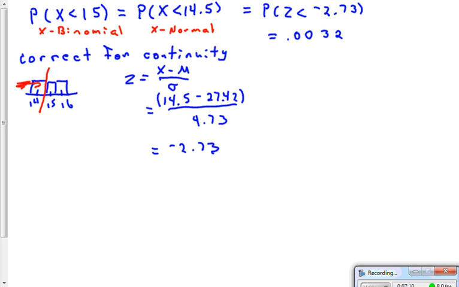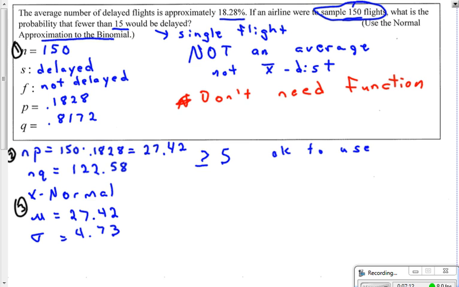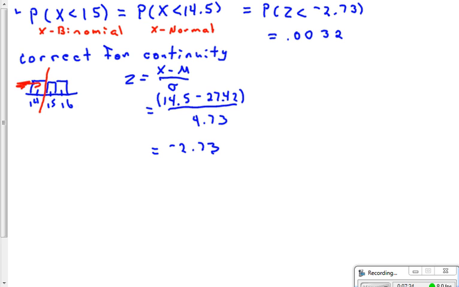Looking at steps again, one was identifying the distribution for the binomial. 2 was checking that it was okay to use. 3 was identifying the parts of the normal. 4 is to write down that probability in the binomial. 5 is that correction for continuity, rewriting it in the normal distribution.